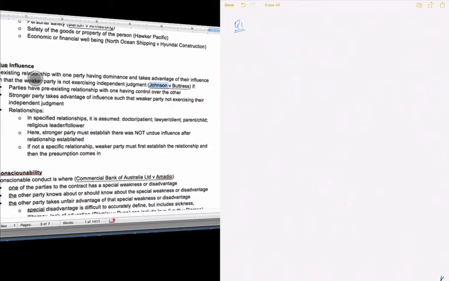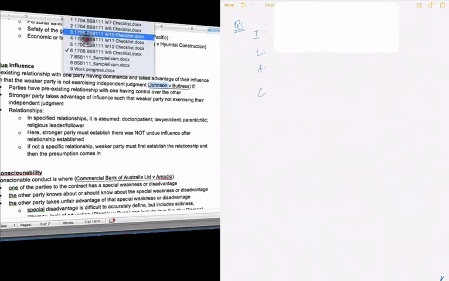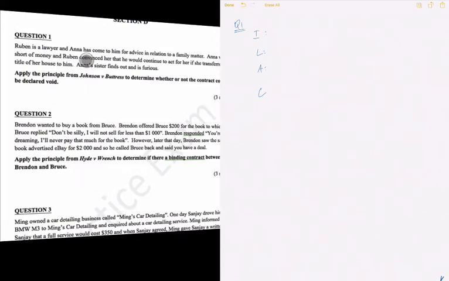So the way I would approach it is to use an actual ILAC. Okay, so let me go back to our exam question and think about what we've got. What's the issue here?